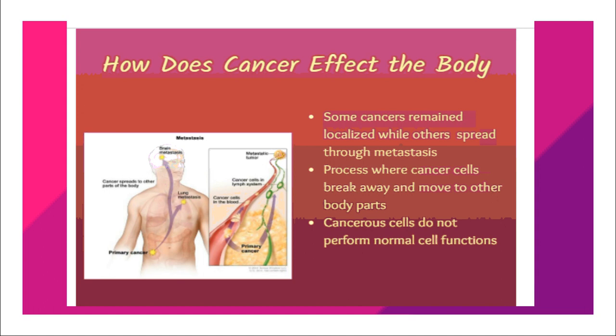Okay, so cancer can sometimes remain localized. That means that cancer stays in one place, and usually that type of cancer is a little bit easier to treat because it is concentrated in one place.